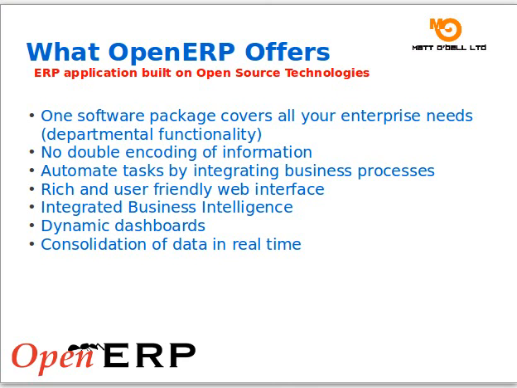The other benefit is that tasks are automated because the business processes themselves are integrated. So when you do something in HR, automatically the impact is reflected in the accounting module.